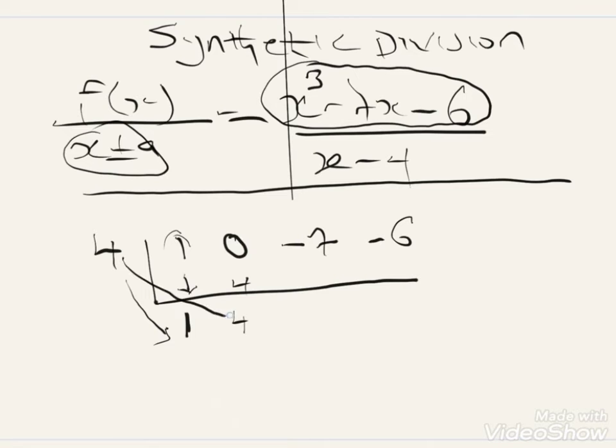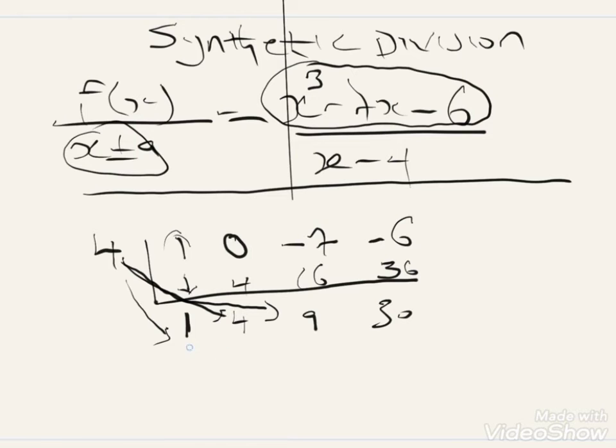Again, multiply 4 and 4 to have 16. Now, sum up minus 7 and 16 to have 9. Again, multiply 4 and 9 to have 36. Again, sum up minus 6 and 36 to have 30. We are done. Unlike long division, whereby we waste time.